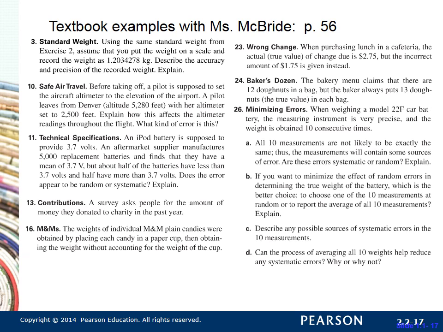So my measurement minus my true will give me a negative if the true value is actually higher. You'll get a positive if the true value is smaller. All right, so my absolute error is negative $1.